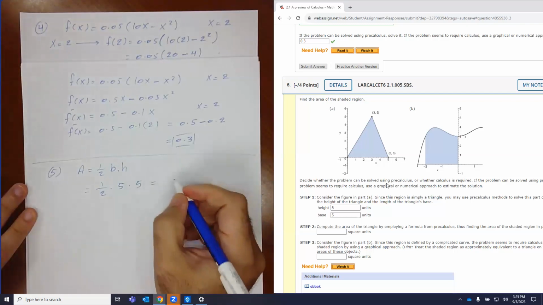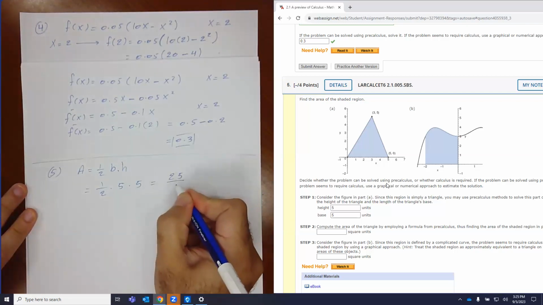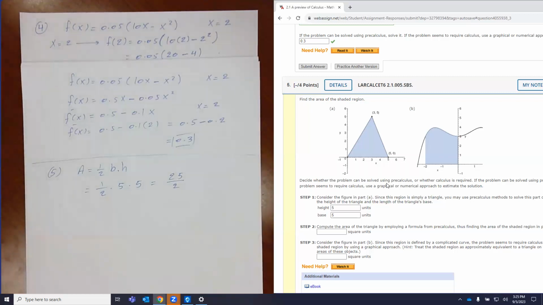So 5 times 5 is 25. Just plug in 25 divided by 2. They ask you to enter the exact value, do not approximate. So we're going to plug in 25 divided by 2. That's it. This one's going to be right.